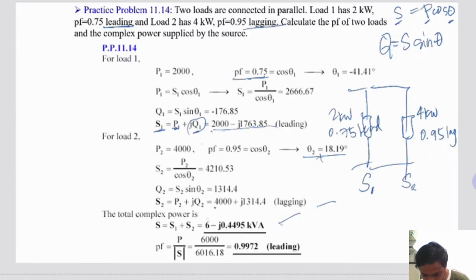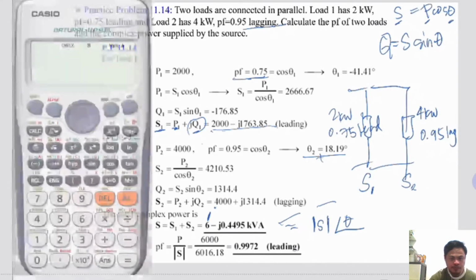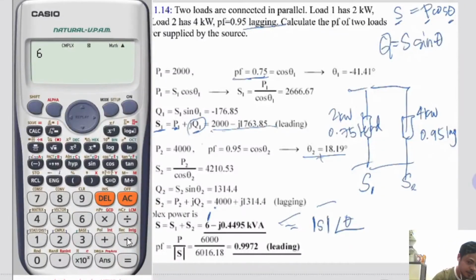So the power factor can be solved as the ratio of P and the equivalent S. So determine first the equivalent apparent power, or the absolute value of the apparent power: 6 minus j0.4495.